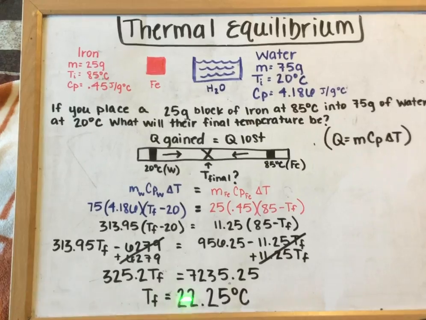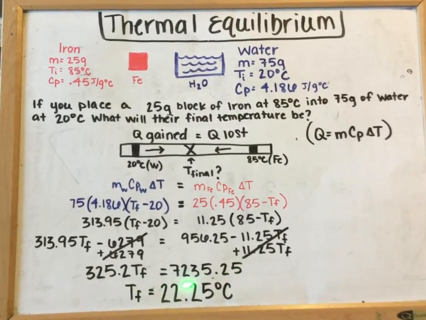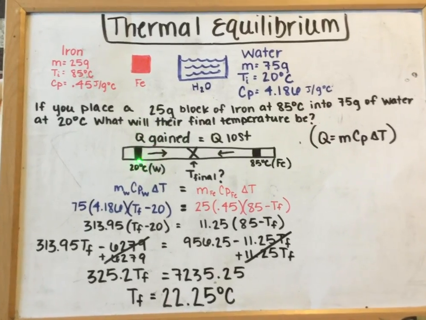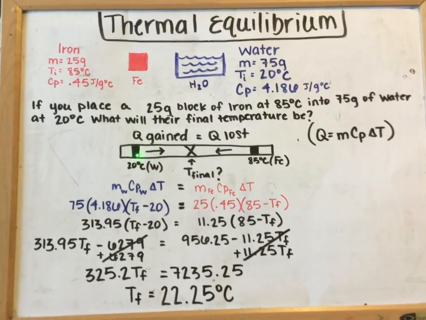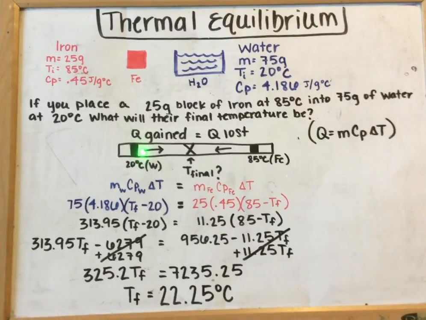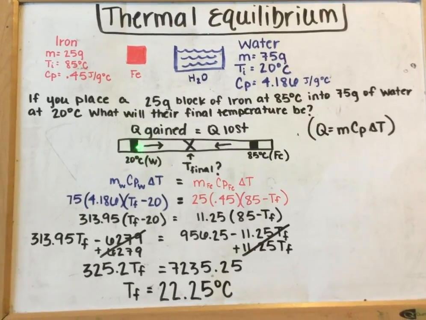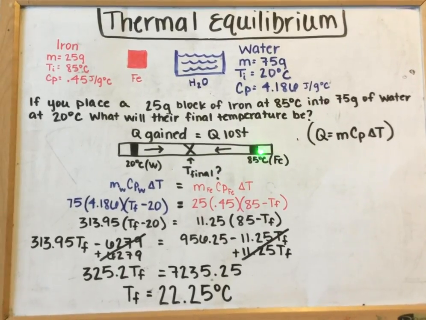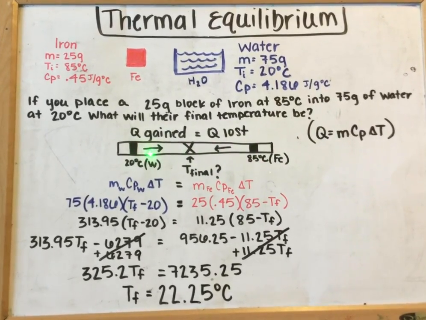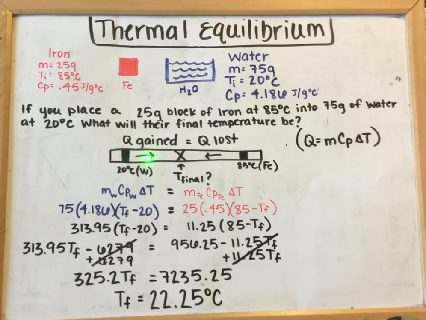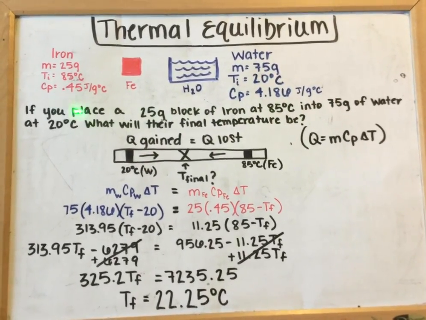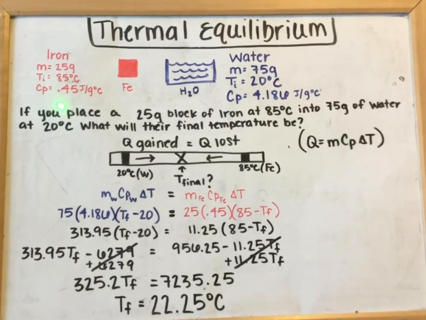Now this final temperature, I would just want you guys to notice, 22.25 is way over here by water. So the water only increased a little bit in degrees Celsius, whereas the iron really lost a lot of temperature. And the reason why is the specific heat of water is much higher than the specific heat of iron.